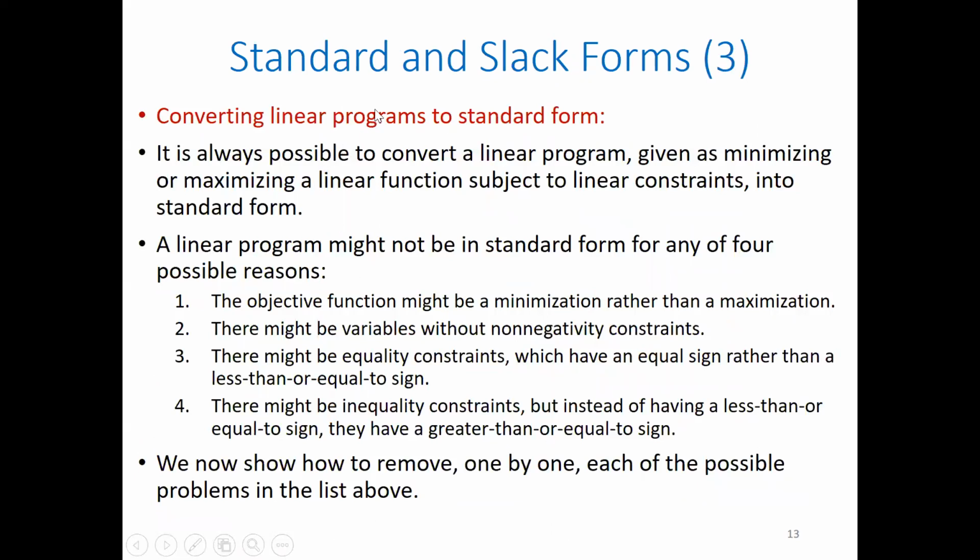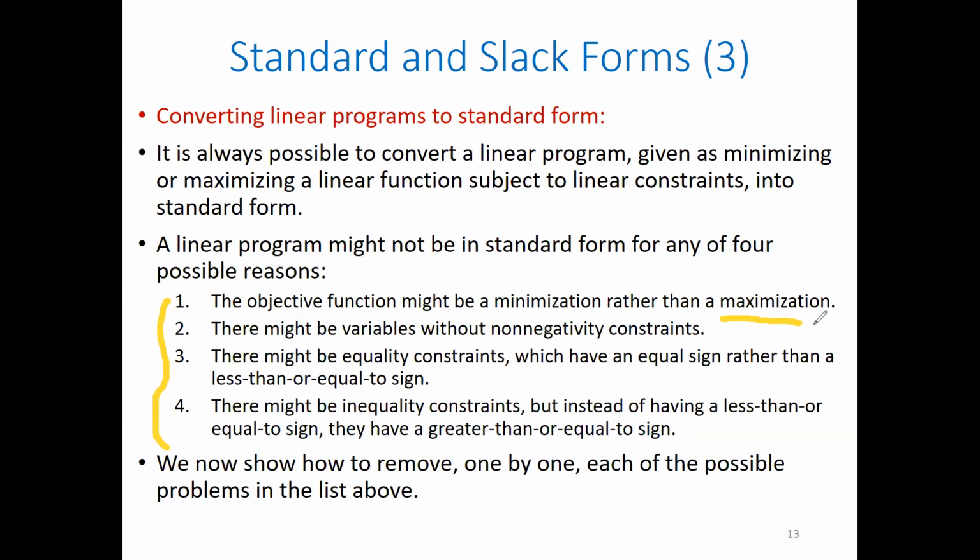And now, let's see how to convert any linear problem into its standard form. Let's see what problems may occur and how we handle them. There are many cases where a linear programming problem given to you may not be in standard form, and these are the 4 possible cases. The first one is when the objective function is a minimization problem rather than maximization.